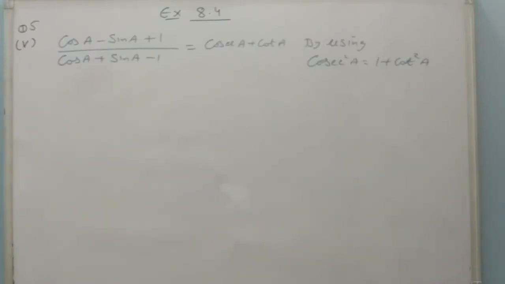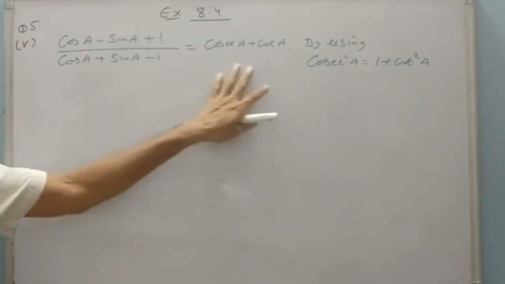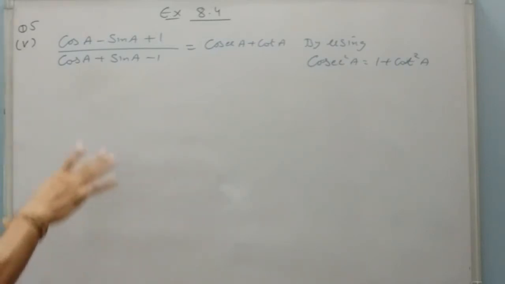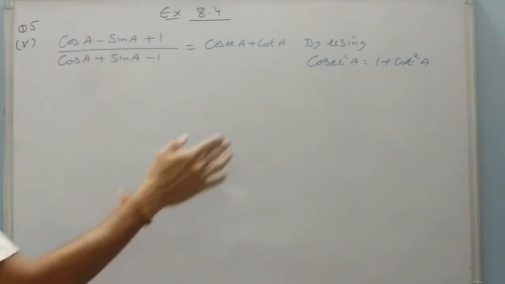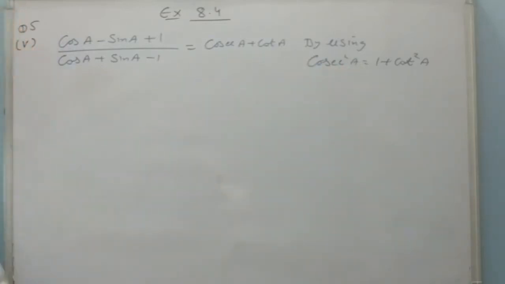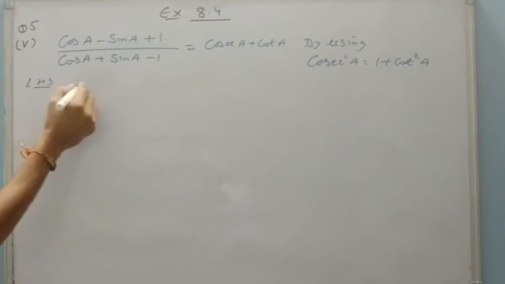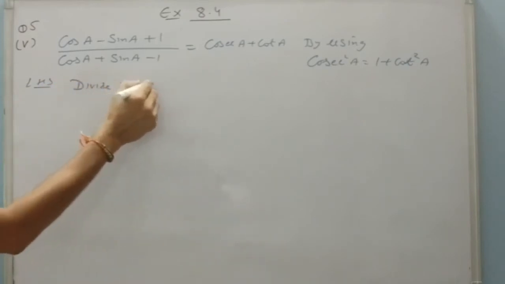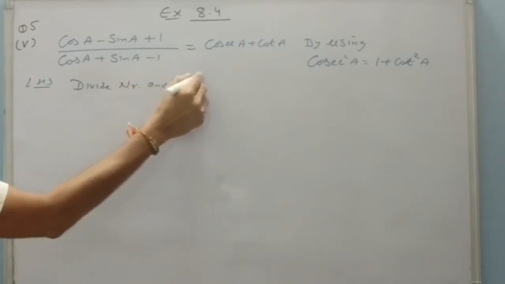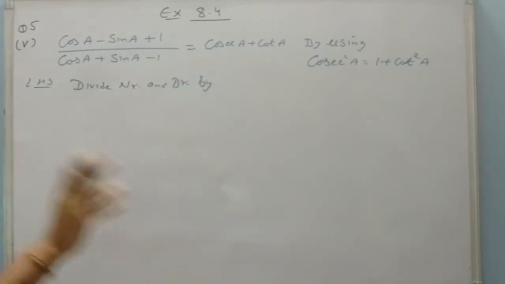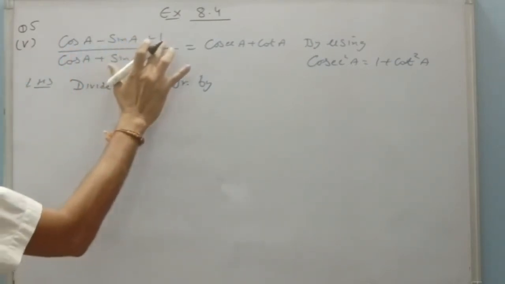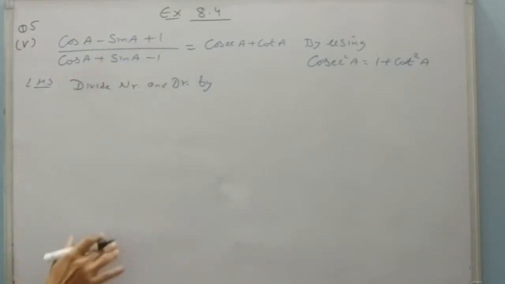The question says, prove that this is equal to this one by using this identity. Now the problem is that there is cos and sine, and we have to use the identity cosec square minus cot square. For this I will take the left hand side and divide the numerator and denominator by sine A, since I have to find the form in cosec and cot. If I divide 1 by sine, I will get cosec easily.